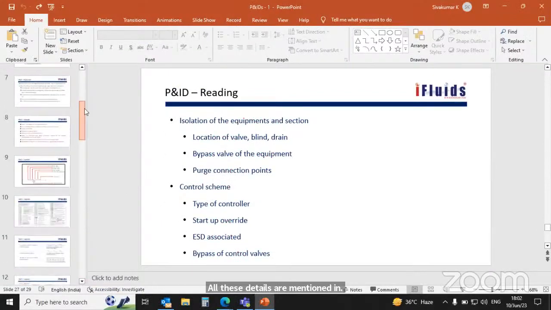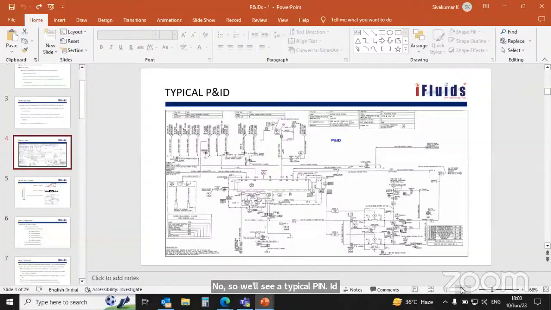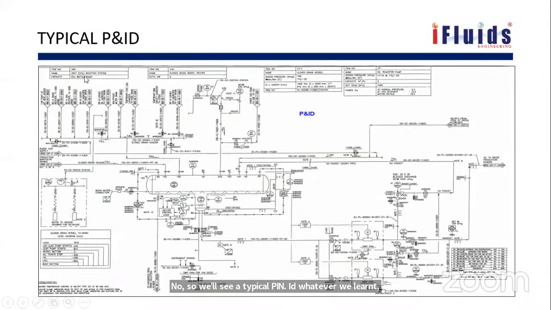Now we'll see a typical P&ID, and whether whatever we learned is available in this P&ID. So you see the name of that vessel, what is the capacity, what is the design pressure given here, what is the dimension, length and diameter given here.